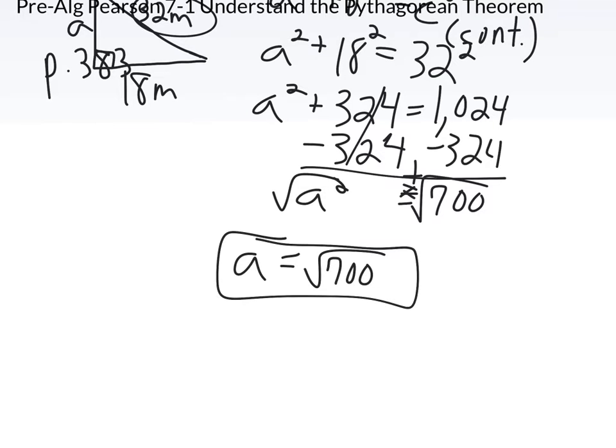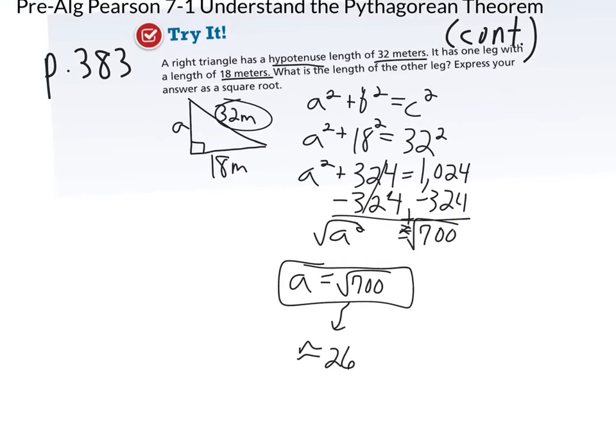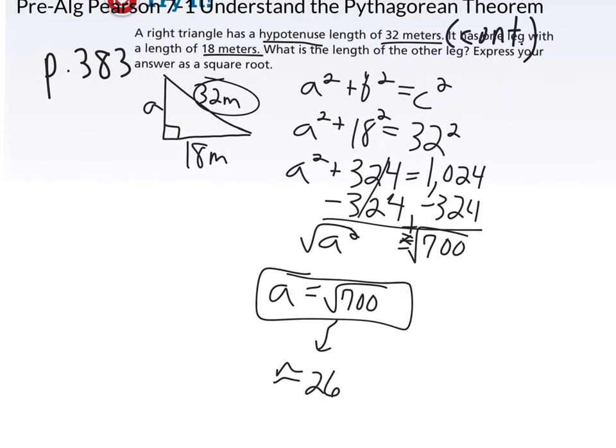I'm kind of curious to know what that is, just so I make sure I did the problem correctly. If you did the square root of 700, it would be kind of close to 26. The reason I'm interested in that is I want to make sure, since that's one of the legs, it's not bigger than the hypotenuse.